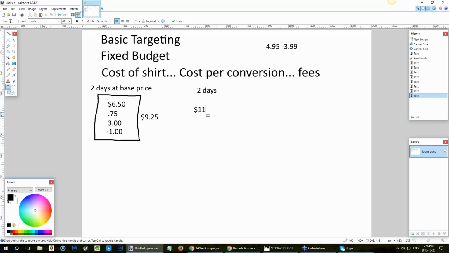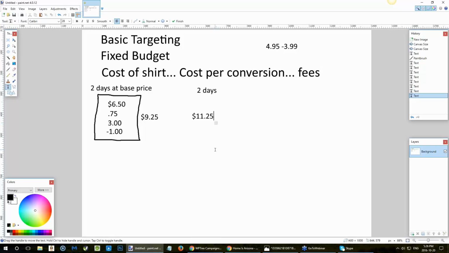Well, I'll follow through with this. You can round your numbers off. This one I don't even mind taking a small hit as I'm testing. Maybe I'll just put this at $9. Then I'm going to go for $11.25. Cancel the ad, change the price, run it at $11.25.